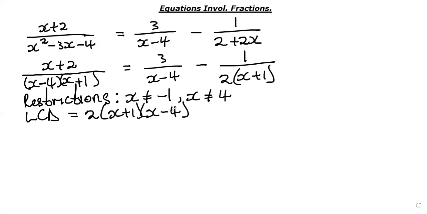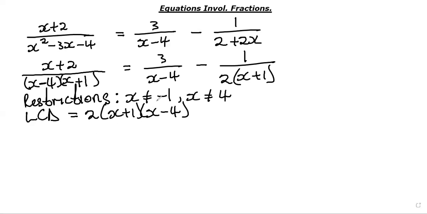And always write your restrictions as well as your LCD. You never know where the marks are. And in any case, there's a special instruction in your question paper. It says, show all your workings. Very important. So it tells you you shouldn't skip a step.